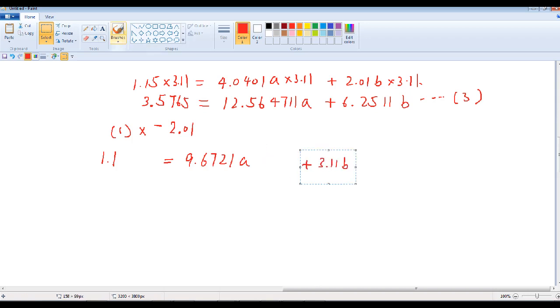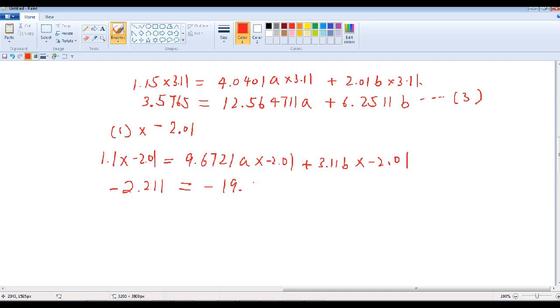So you will see it becomes minus 2.211, equals minus 19.440, minus 2.2511b. Sorry, let me write this in better shape.